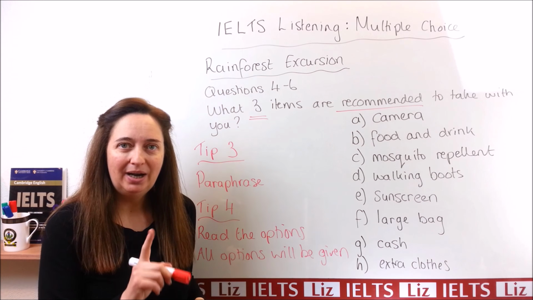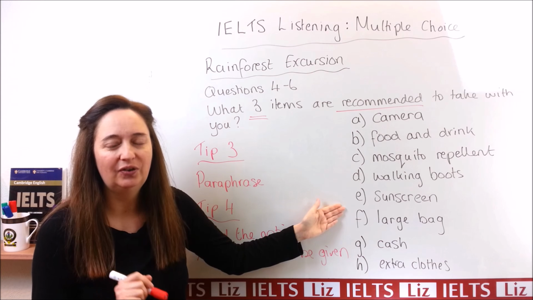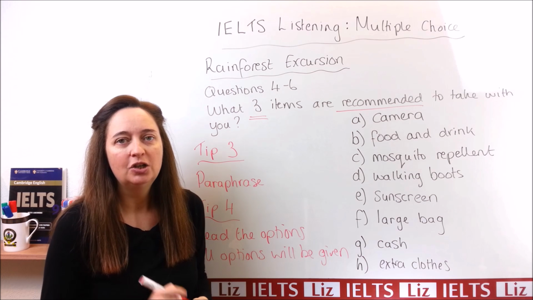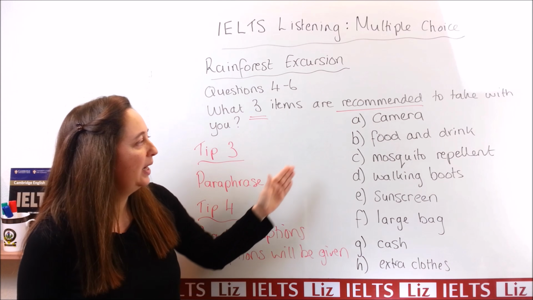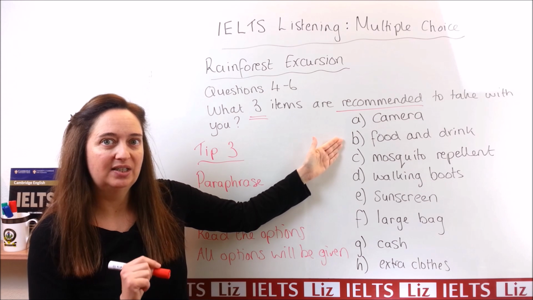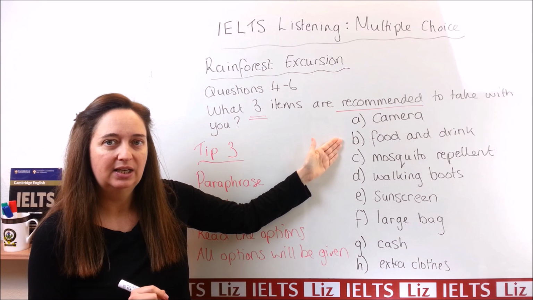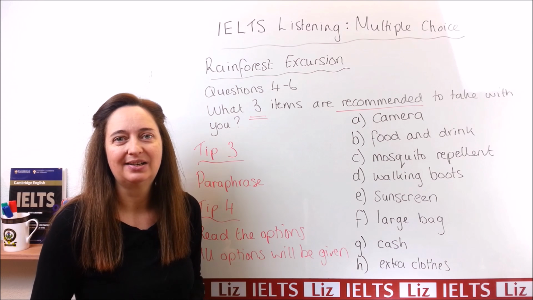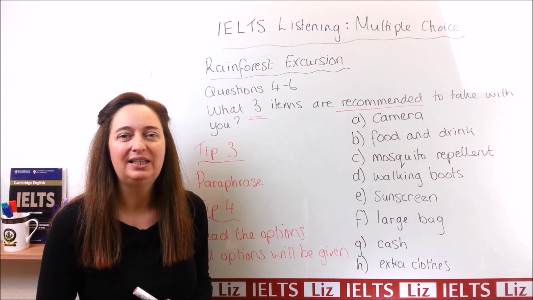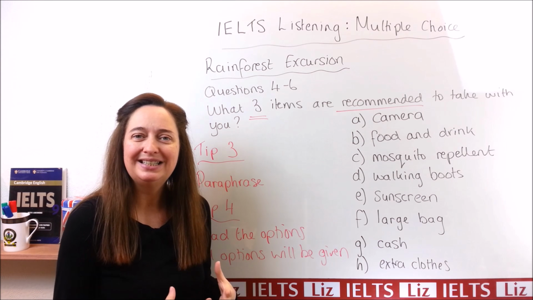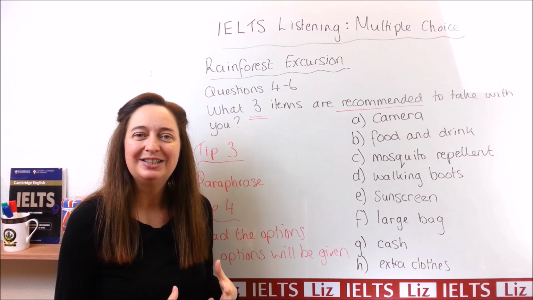But you need to focus because we're only looking for the items that we should take and not for any other items. So that means that when you hear something the first time, for example, food and drink, it doesn't mean that's the answer. You need to listen carefully to understand, is it recommended to take food and drink, or is it not recommended to take food and drink?